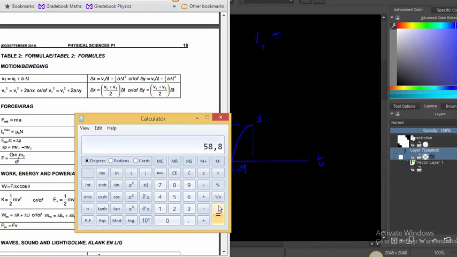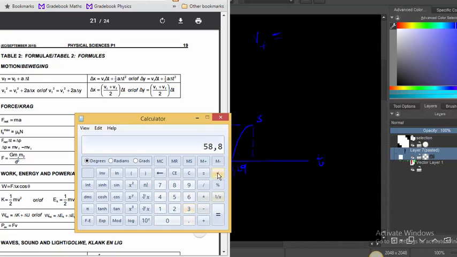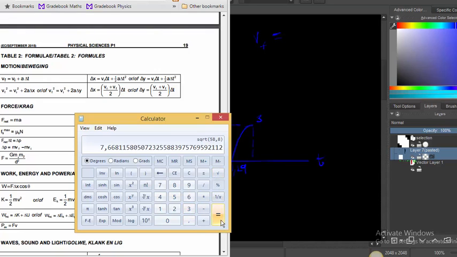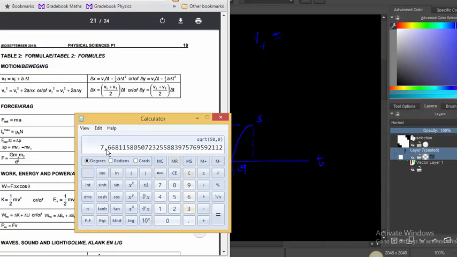And then I get my initial velocity, which is the square root of that, 7.66. And then if I wanted to work out time, I would take 7.66, that initial velocity, upwards is positive because I used negative 9.8, downwards is negative. These two have two different signs. It doesn't really matter which one I use, up or down, as long as I remember that these two have different signs.